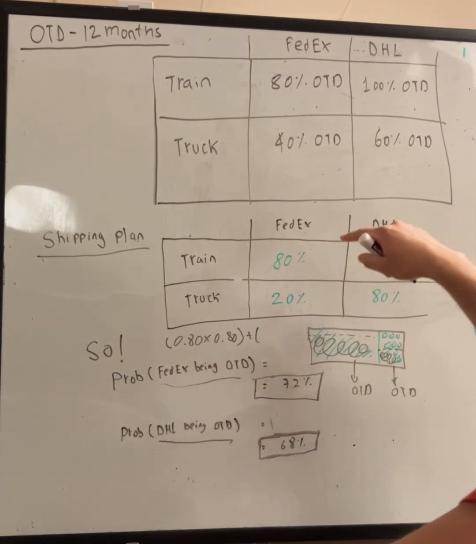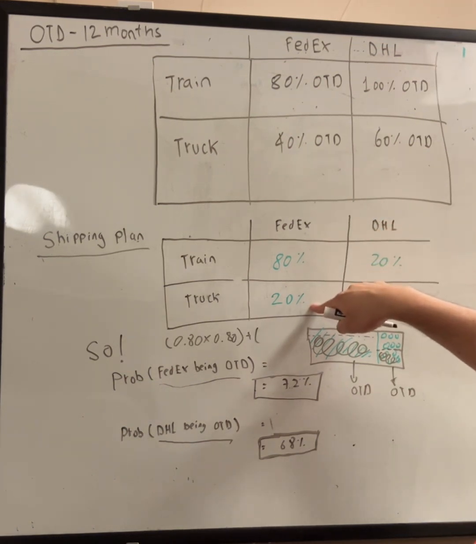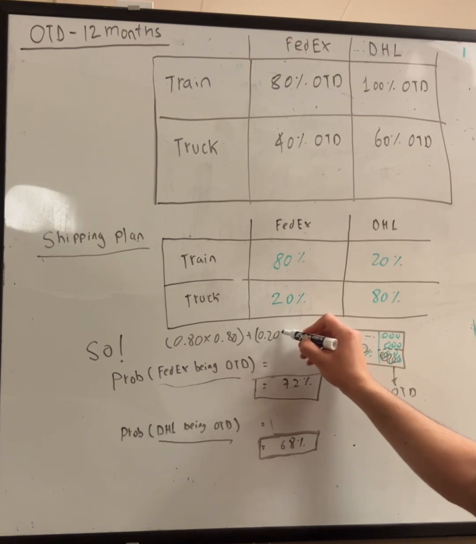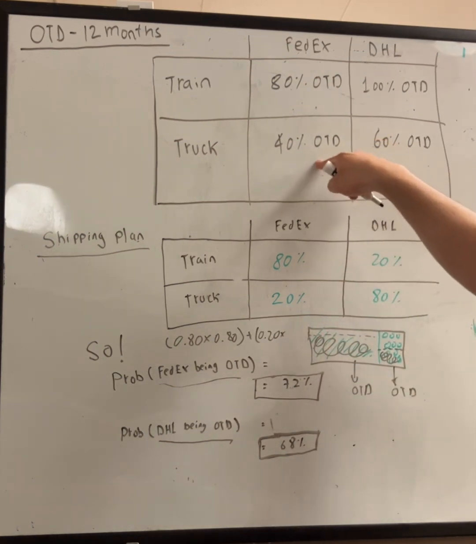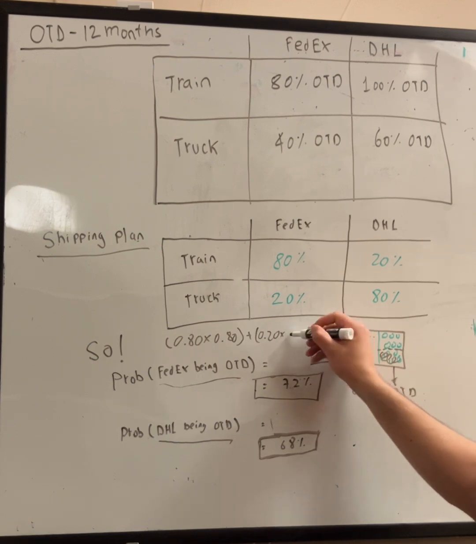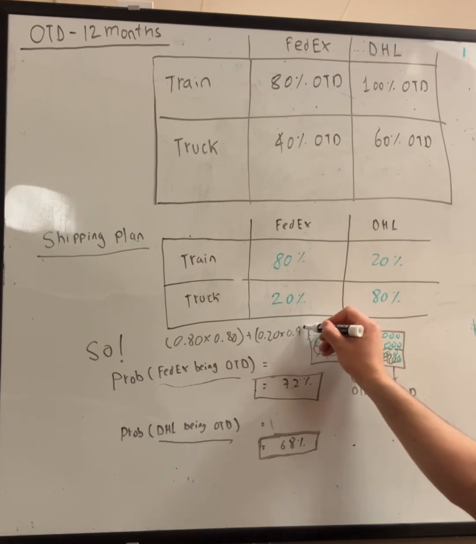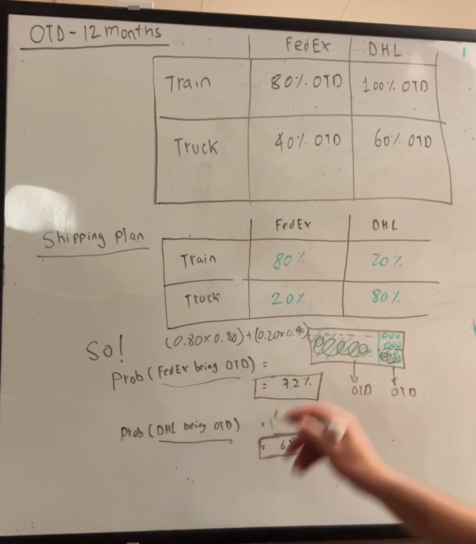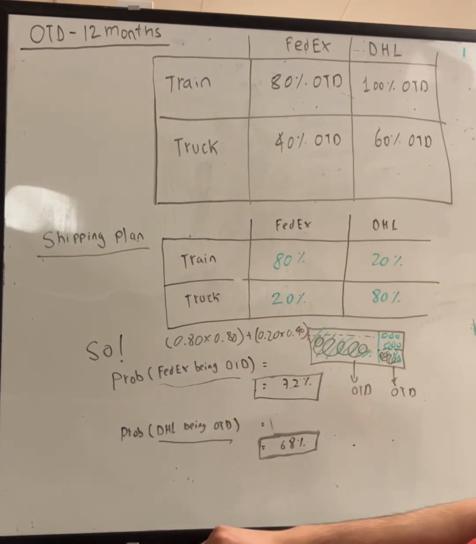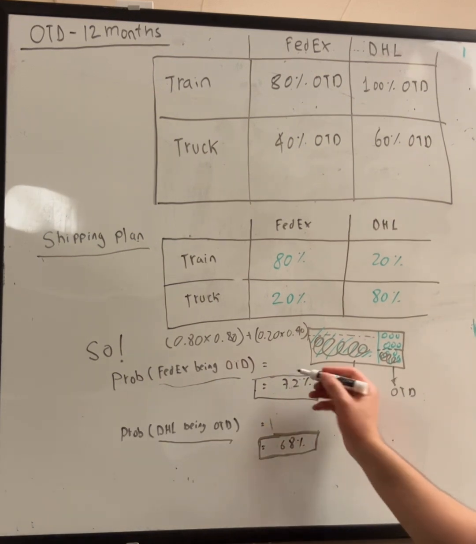Plus 20% of the total shipments, times 40%, since they're on time 40% of the time for that 20%. And what is this? 64 and 8, perfect. Yep, 72%.